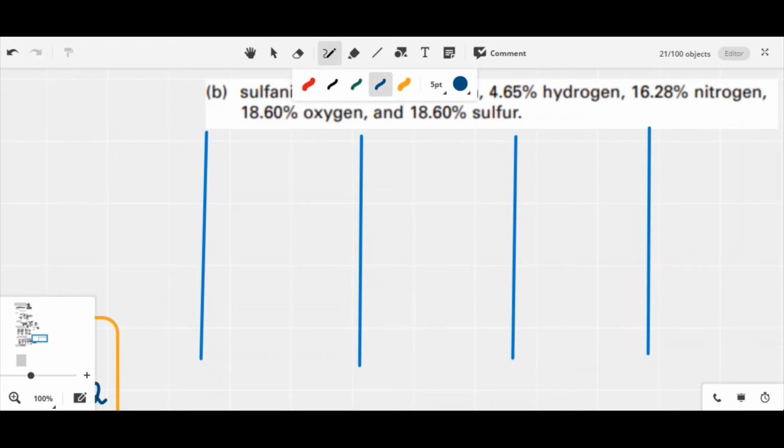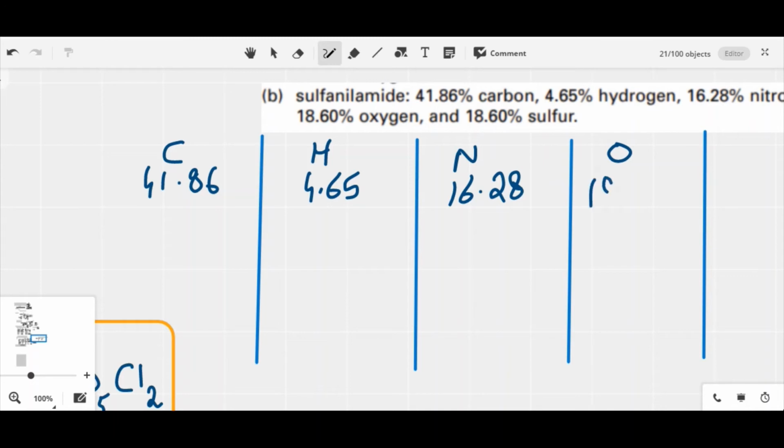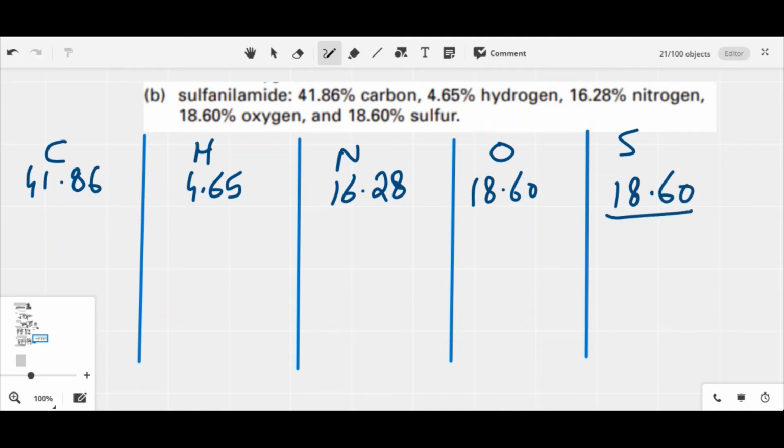So here is the carbon, that is 41.86, while the hydrogen is 4.65, the nitrogen is 16.28, oxygen is 18.60, while the sulfur is 18.60 again.